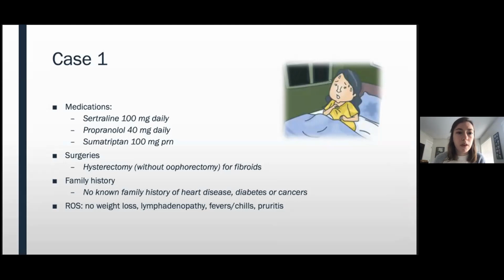Her hysterectomy was without oophorectomy for fibroids. She doesn't have any family history of cancers or anything. On your review of systems, she's not having any weight loss. She hasn't noticed any lymphadenopathy, no fevers or chills or itching. She has no COVID exposures. And she is not sure when her mom went through menopause.